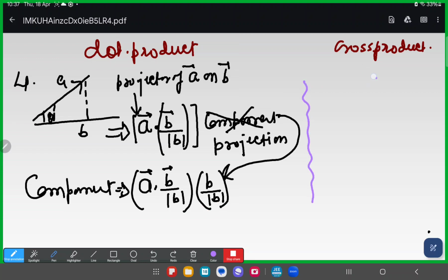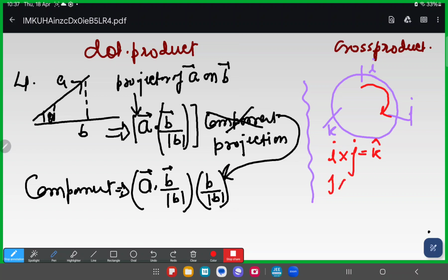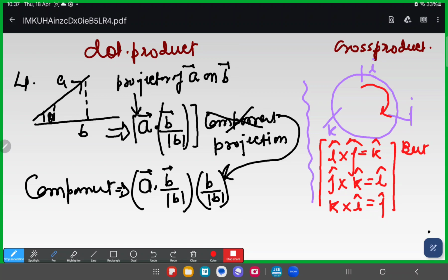Now here, the cross product. In a cross product, we can say by the clock rule, I, J, K, in the clock direction I cross J is equal to K, J cross K is equal to I, and K cross I is equal to J. But the converse is not true.